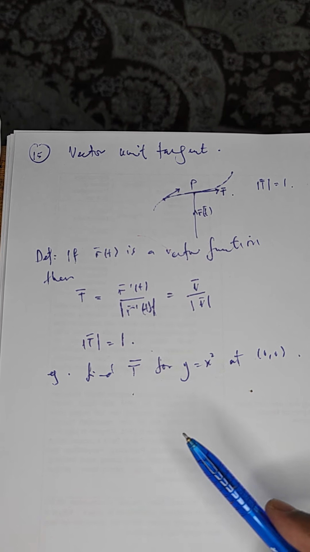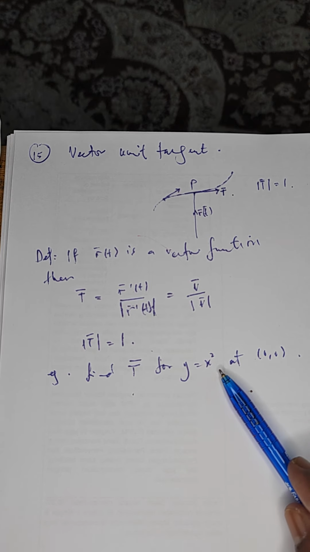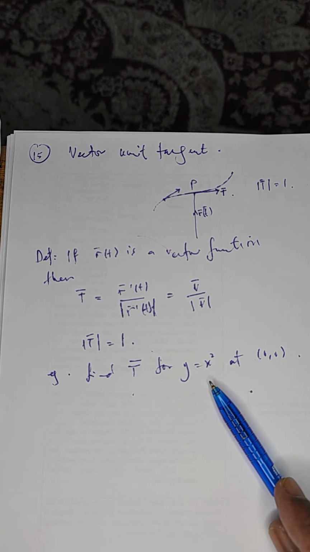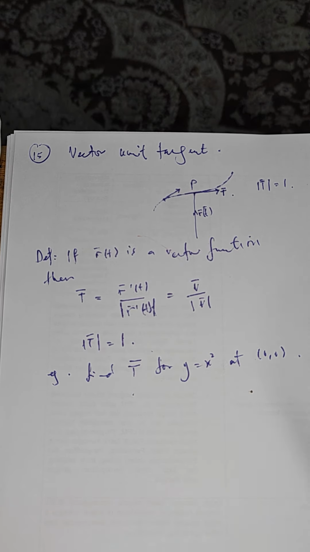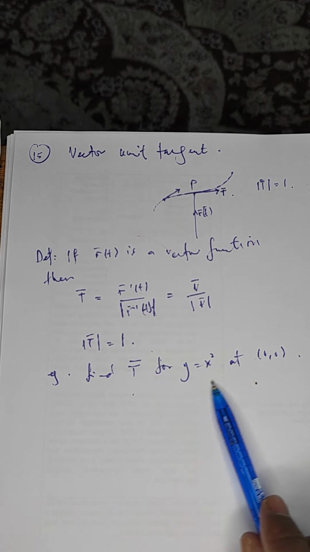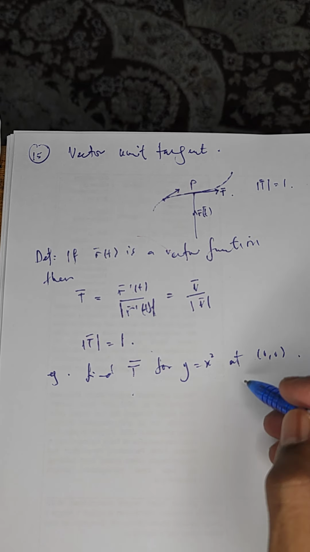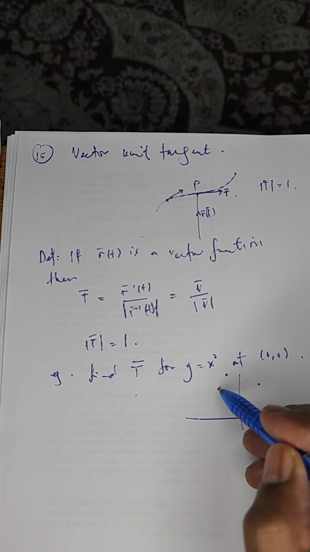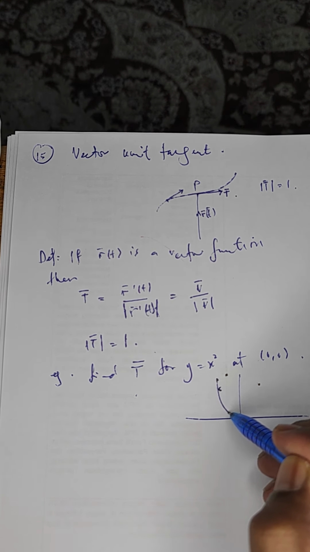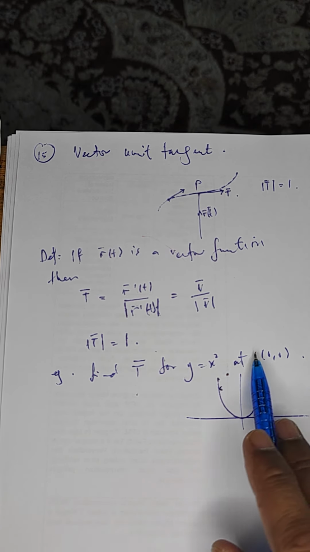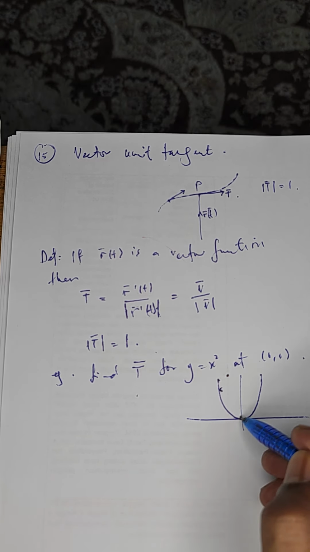So you have to be careful with that. So how do we convert the scalar function to a vector function? Let's sketch this a little bit, just to see what it is. y equals x squared is that. So what we want is the vector unit tangent at 0, 0.